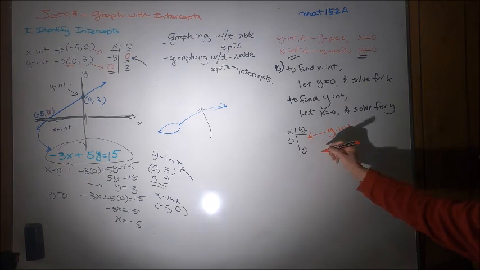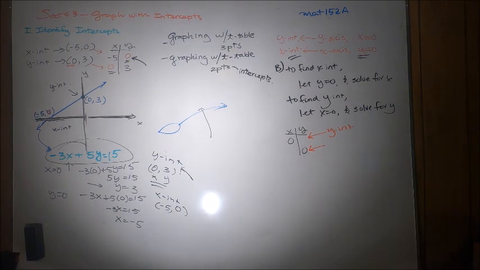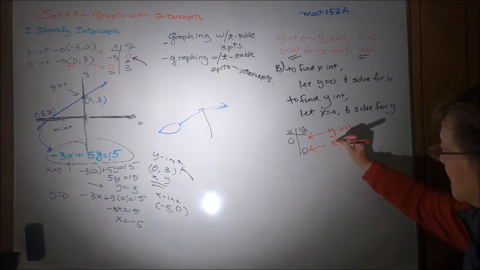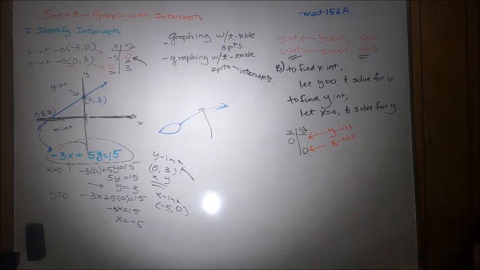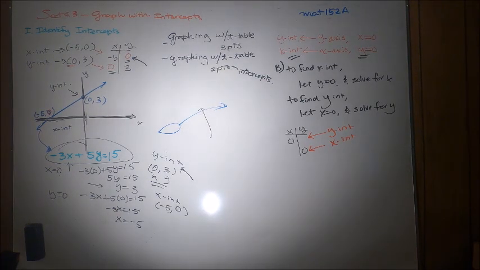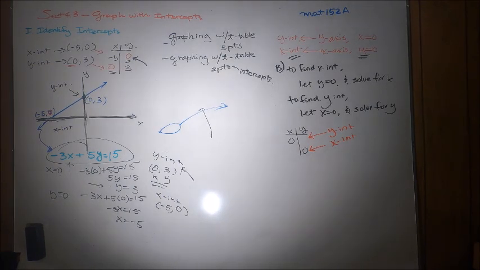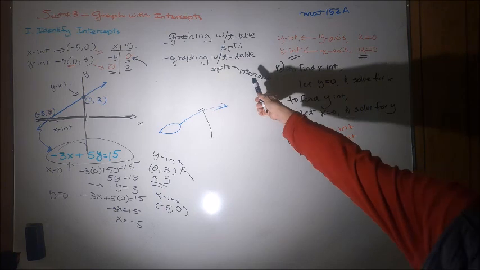Then let y be 0, then we will solve for x for the x-intercept. Right? This way we can find 2 points on the line which are special 2 points, not any 2 points. Then once we have 2 points, we can do the graph.